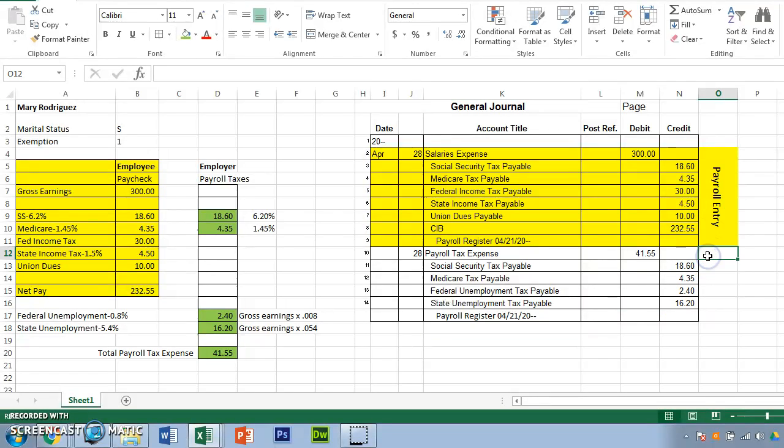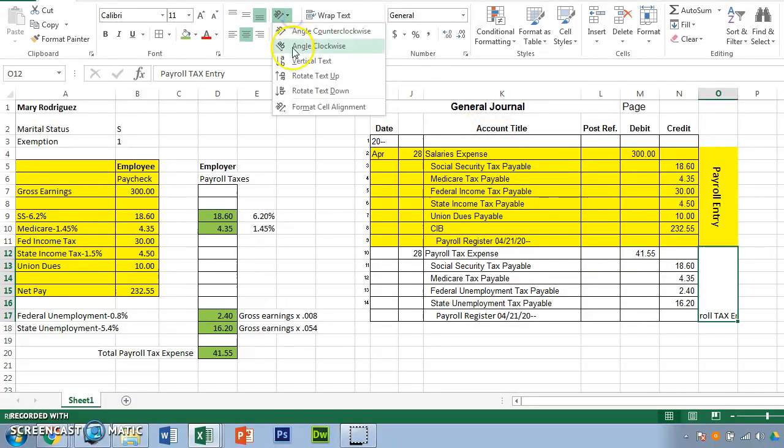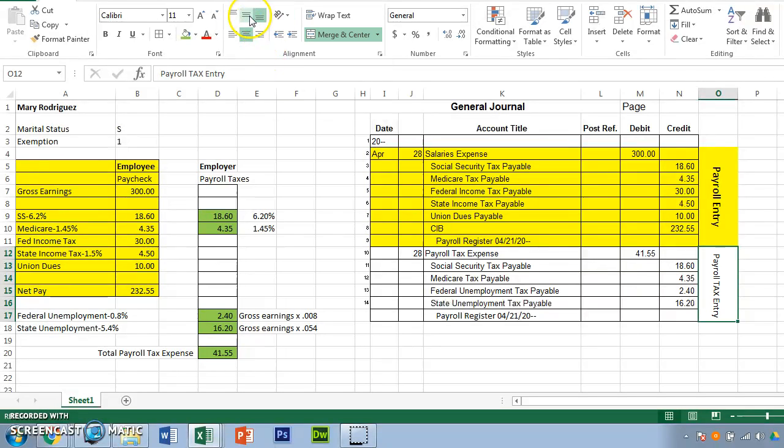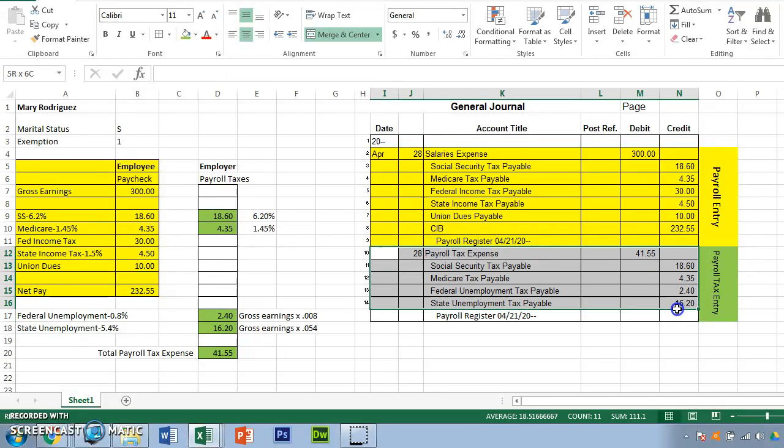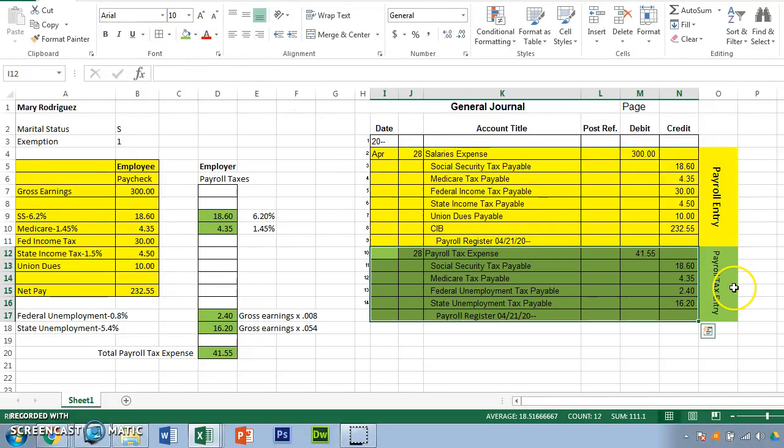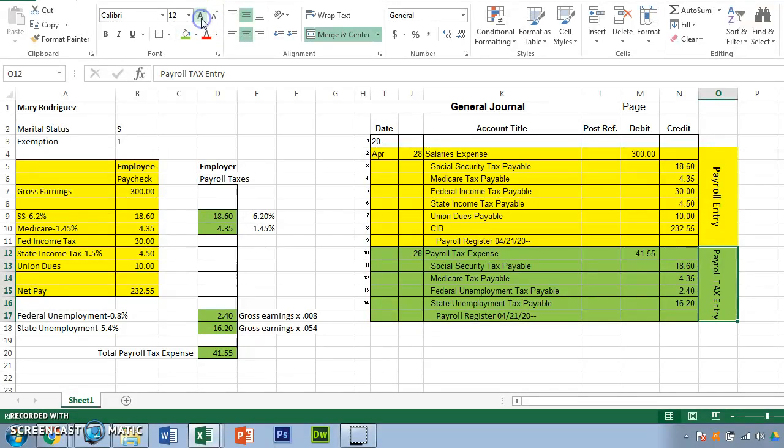This is called your payroll tax entry. So let's just do this, and we'll shade it for you. Okay, and that's your payroll tax entry.